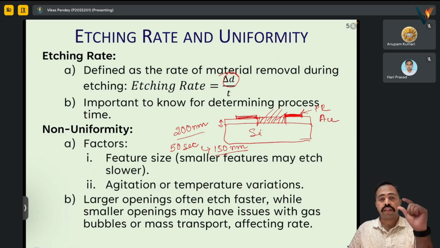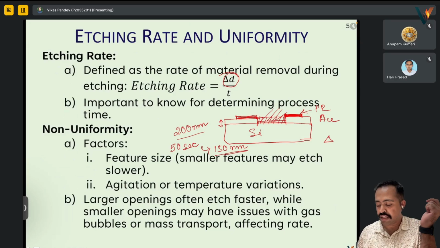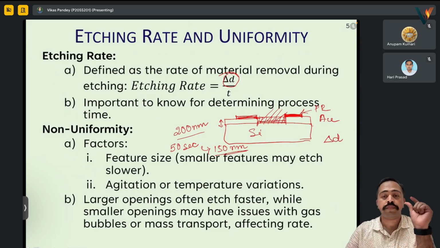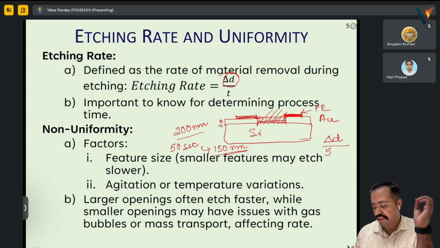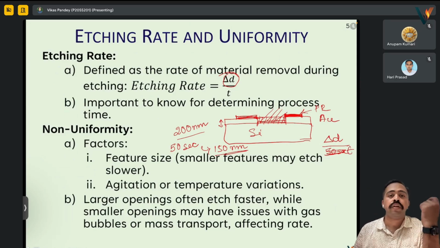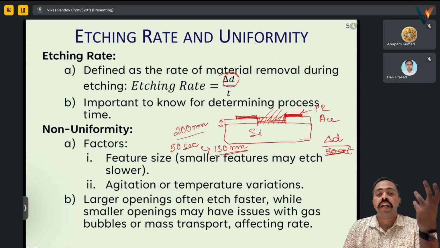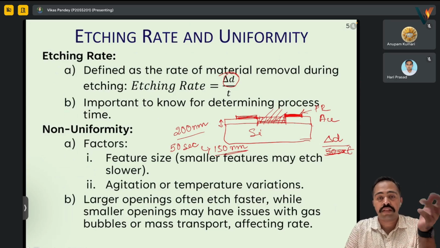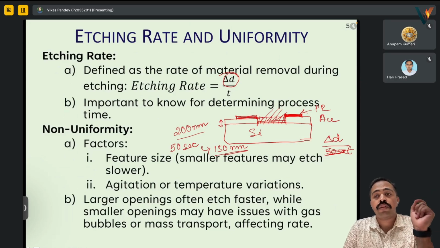So this 150 nanometer that is removed becomes delta D, that is the material removed, and time, that is 50 seconds, becomes the time T. Based on this, we can find the rate of etching of this process, so that we determine how much time we need.